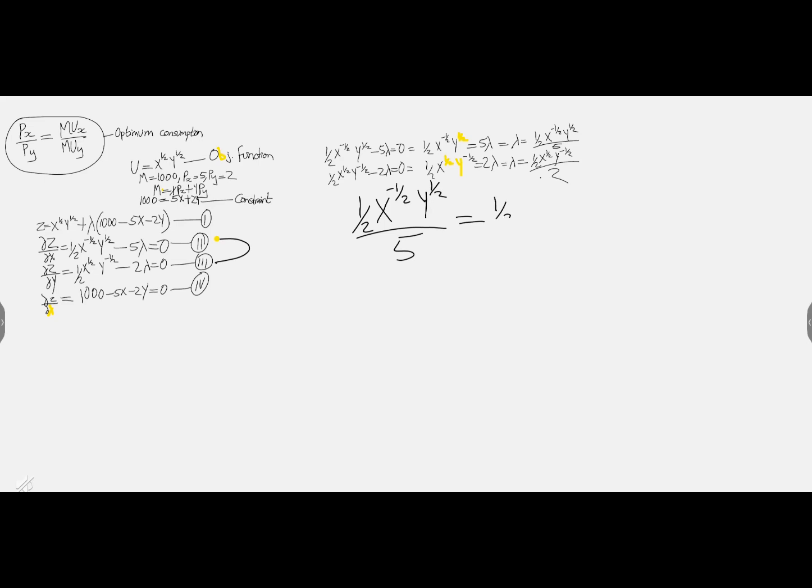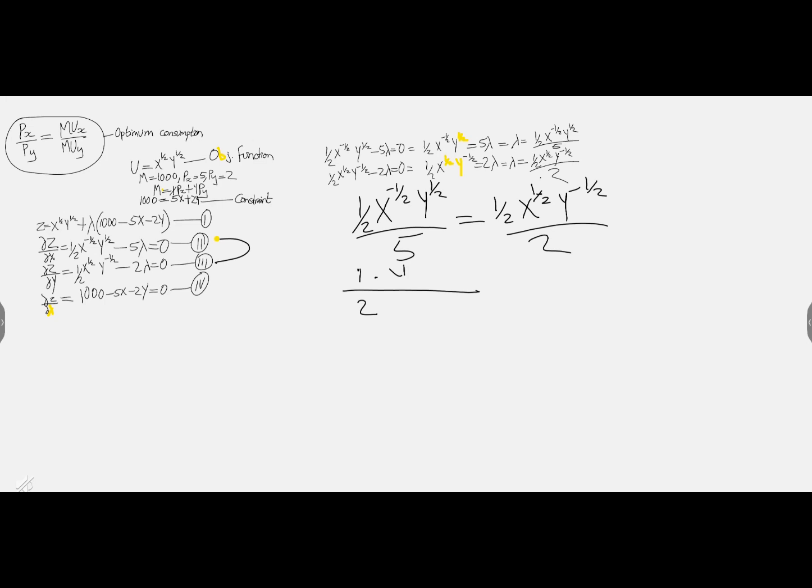And now you can cross multiply, or just to avoid confusion, just write it as 1 over 2 times this y raised to power half.